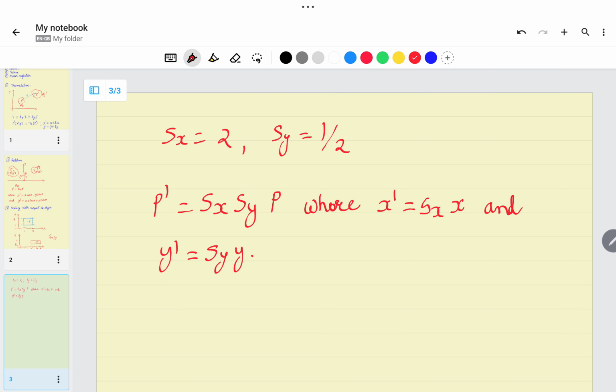The scaling transformation is said to be homogeneous or uniform if S is greater than 1. It is a magnification, and for S less than 1 it is a reduction.